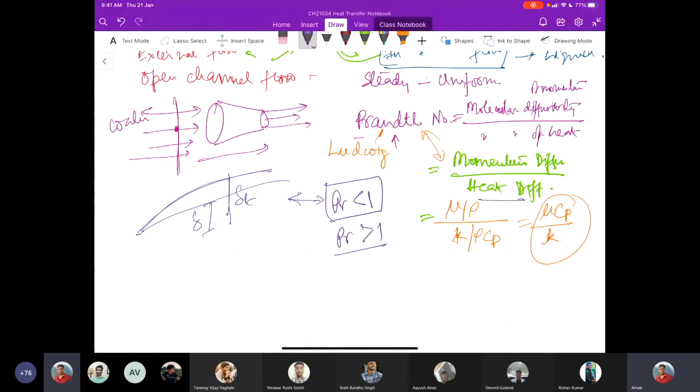Thermal boundary layer thickness would be greater than the hydrodynamic boundary layer. And in the other case, it will be lesser if Prandtl number is greater than 1. That means there you have better momentum diffusivity than the heat diffusivity.